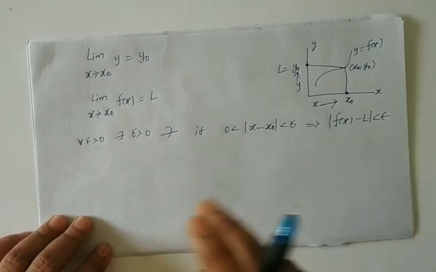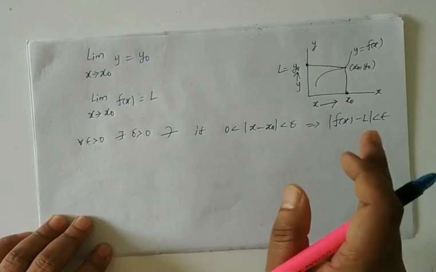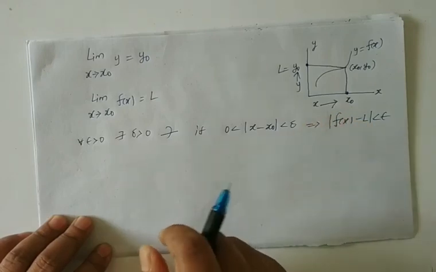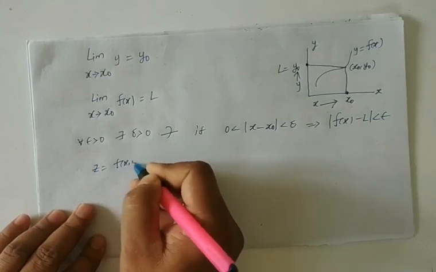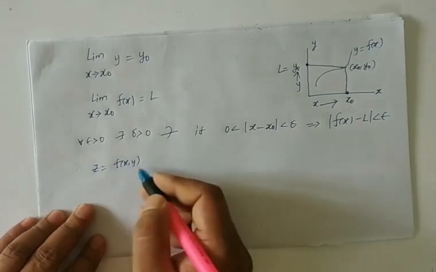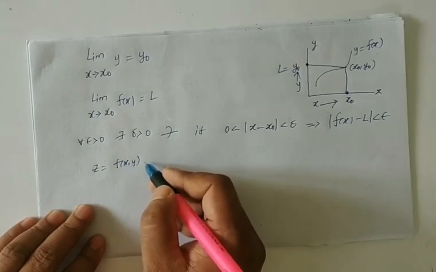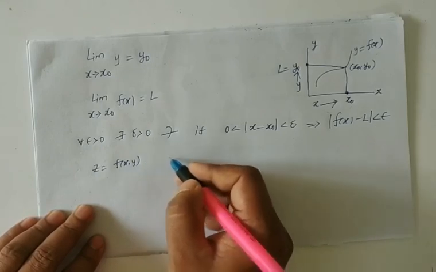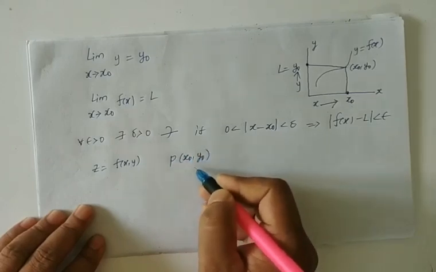Similarly, we define the limit of a function of two variables. Let z is equal to f of x comma y be a function of two variables defined in a domain D, and let P be any point with coordinates x naught comma y naught.